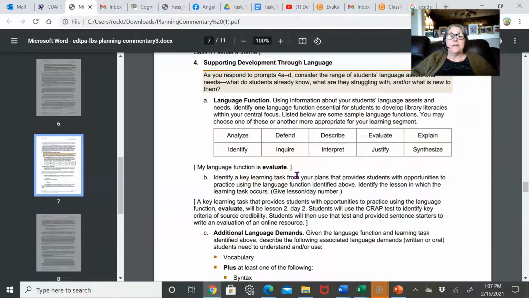So here it would be evaluate. You want to give the lesson and the day, like if it's lesson 1, you want to give the number of it so that the scorer will know where to go.